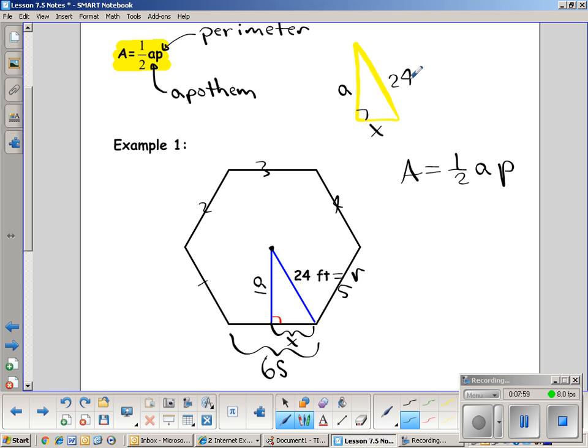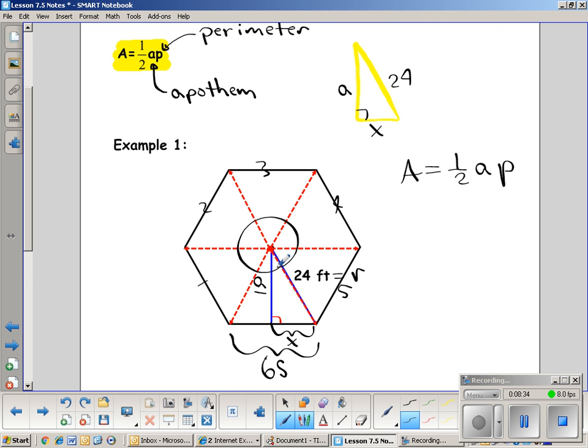So here's what we have to realize. If we drew all the radii, looking at the red lines, how many equal pieces of this polygon do we have? 6. So by drawing all those in, we have cut this into 6 equal pieces.